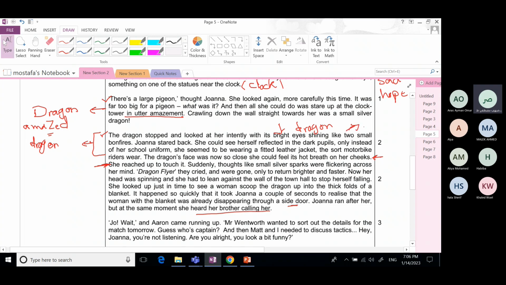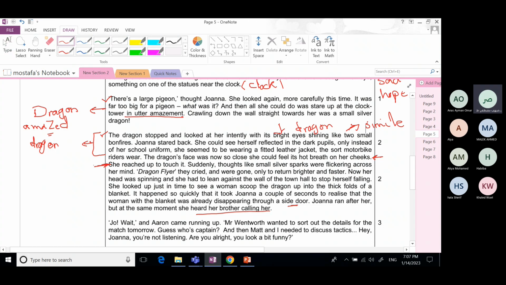What technique is used here? Like or as, this is a simile. He compared the eyes of the dragon to bonfires. She could see herself reflected in the dark pupils, only instead of her school uniform.